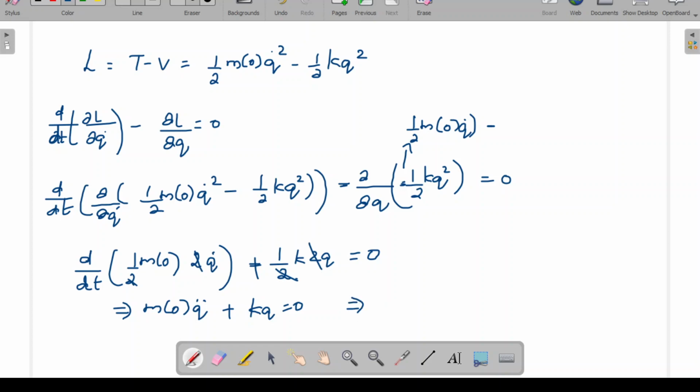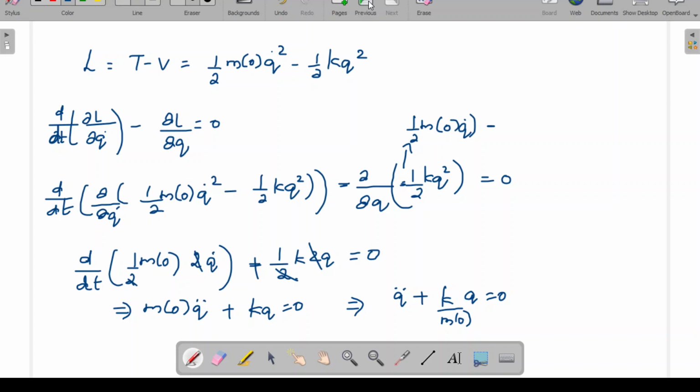So this becomes m q double dot plus kq equal to 0. If I divide the whole equation by m, I will get q double dot plus k by m into q is equal to 0.